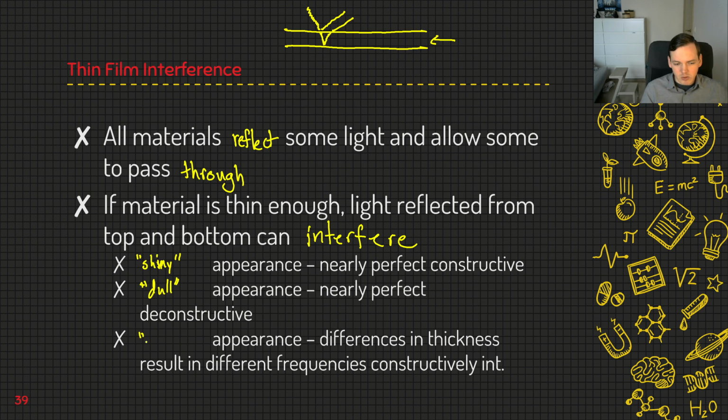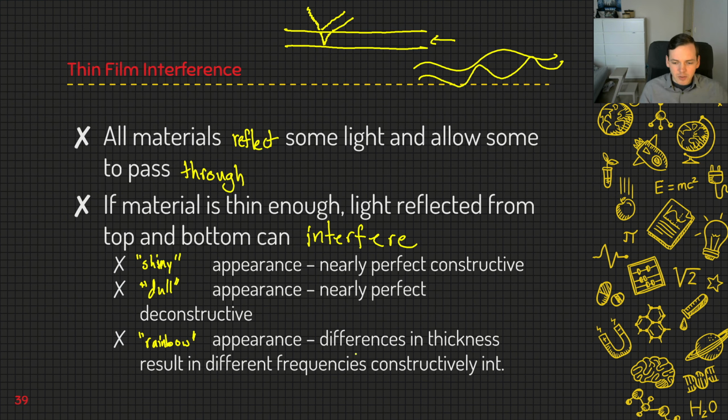And then the most interesting, we can get a rainbow appearance. If there are slight differences in the thickness as you go along, so if it is something like this, again, this will be on the very microscopic scale. If we've got something like this where it's thin the whole way, but it's different thicknesses as you go along, right? It's this thick, then thin, then thick, and then thin.